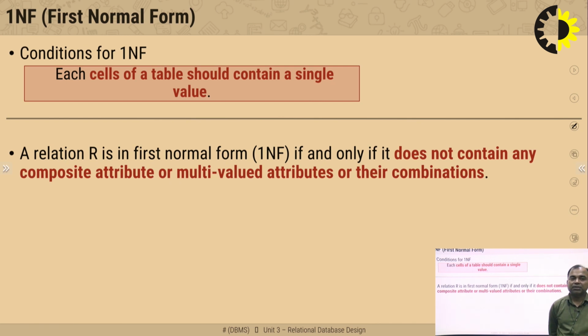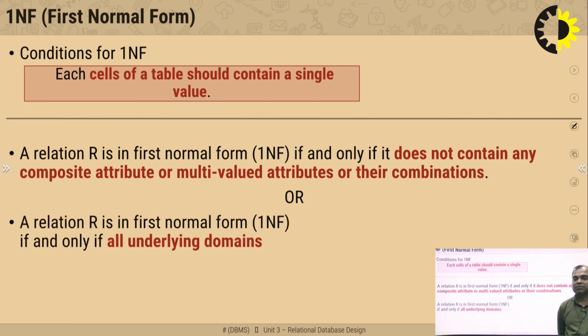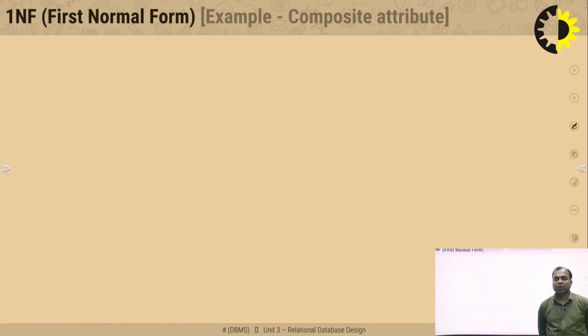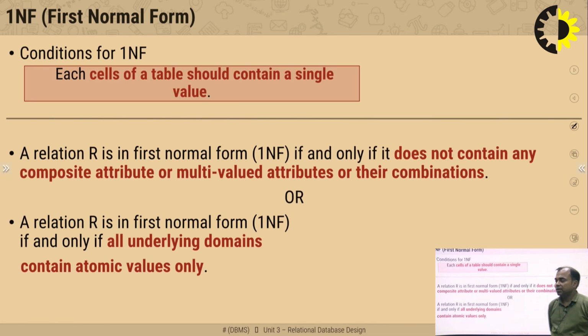So there must not be any multi-valued attributes in the tables. Secondly, we can define a relation in first normal form if and only if all underlying domains contain atomic values. There must not be two things in a particular cell.